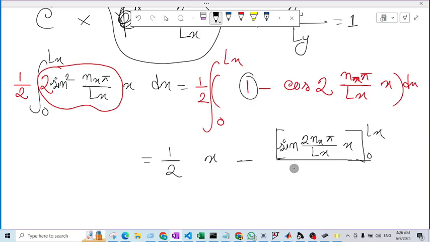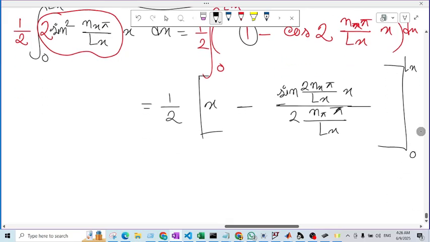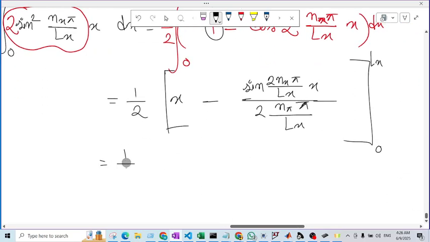And at the denominator I will have to write nx pi divided by Lx. Instead I can write this here. Okay, and now let's take Lx here, so I will get Lx, and again take 0 here, then I will get 0.